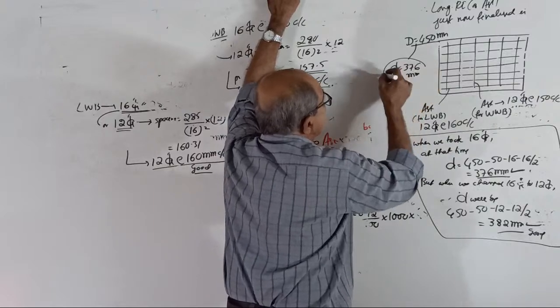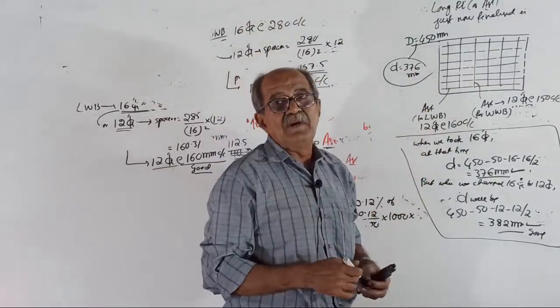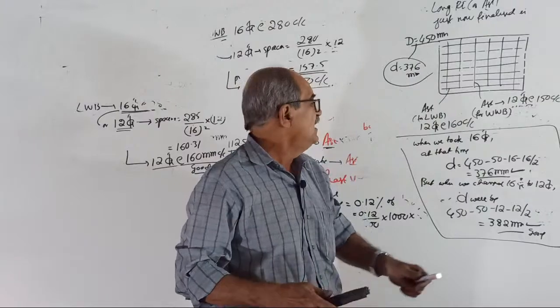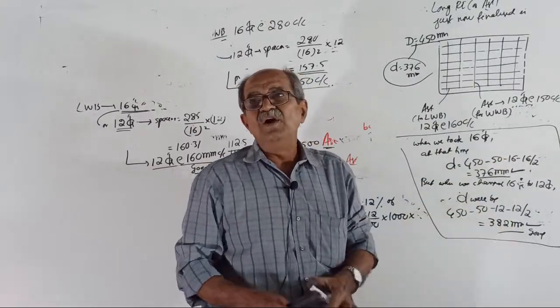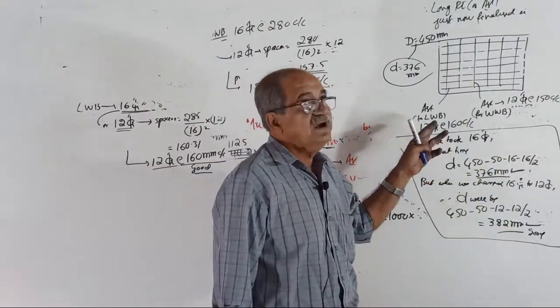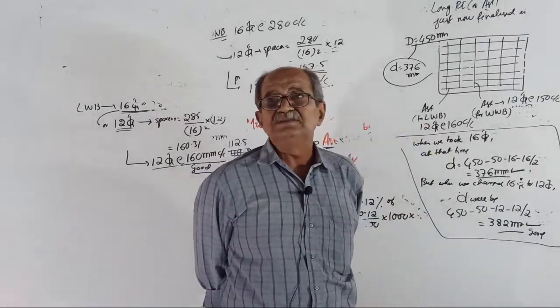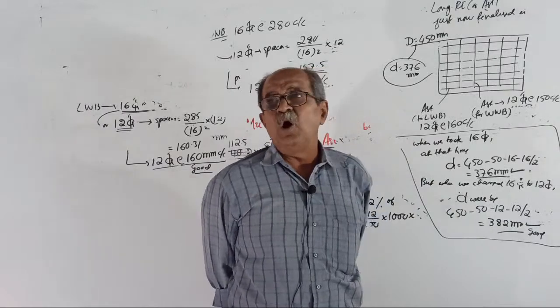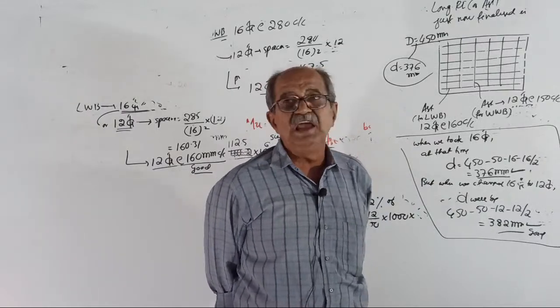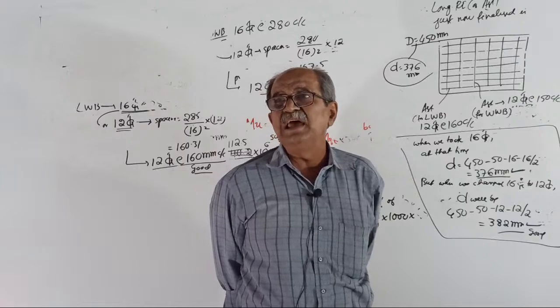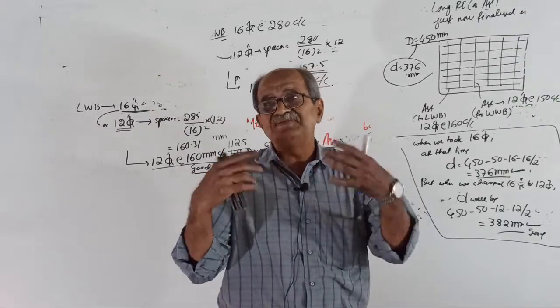That is, a little reserve strength is there. Remember, it is reserve strength. Otherwise, you have to keep on revising. I will tell one more thing. One danger is there. Later, when you check for shear, if it becomes unsafe, you may have to increase the steel.